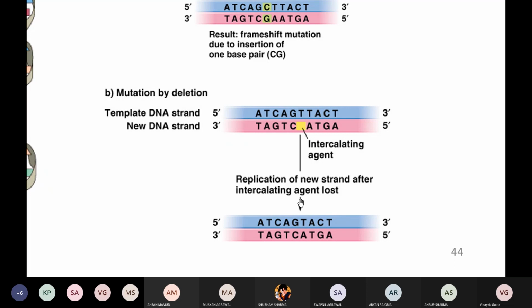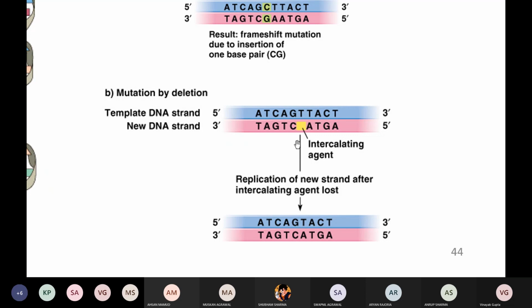In the next round of replication, if this intercalating agent is lost, then it will lead to the deletion, which we can see here. There will not be any nucleotide corresponding to that. Here we can see that this intercalating agent was introduced opposite to T.